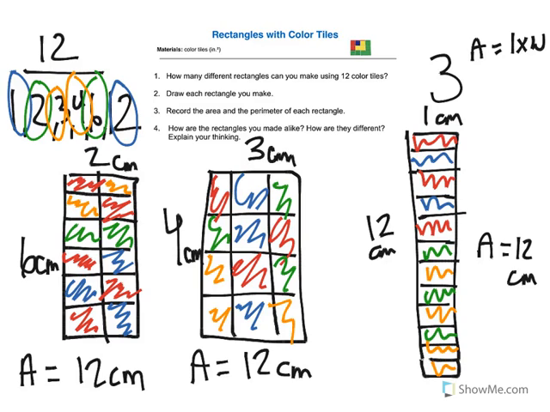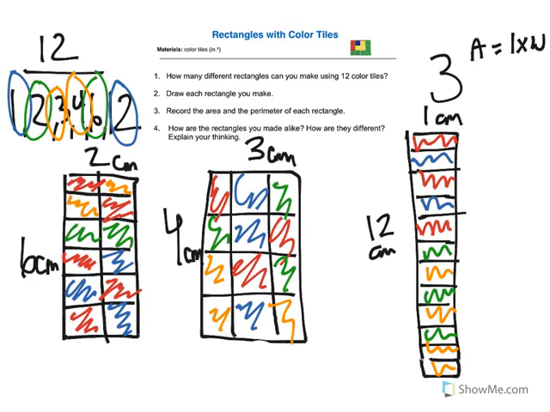And then now we need our perimeters. So, let's see, let's work with red. Alright, so for our 6 by 2, let me just erase these areas because we know the area is 12 now for all of these. Alright, so now we need our perimeters. Okay, so 6 by 2.